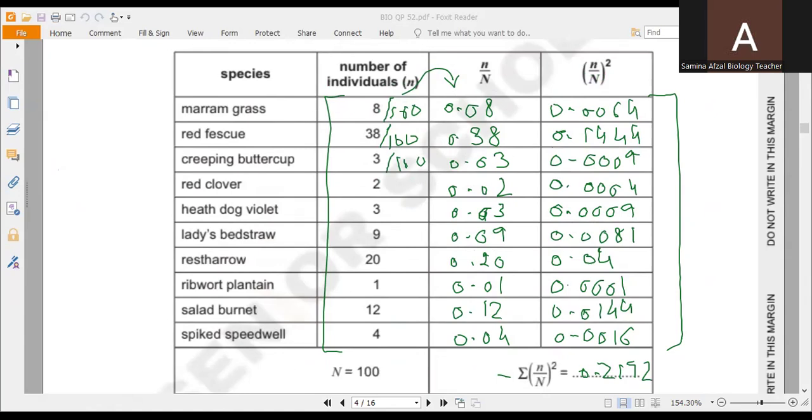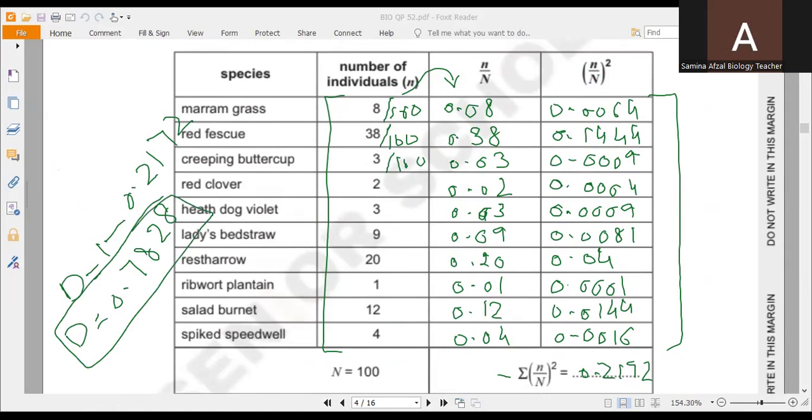D is equal to 1 minus 0.2172. So D will be equal to 0.7828. So this is the value of D which we had to find out by calculating all this.